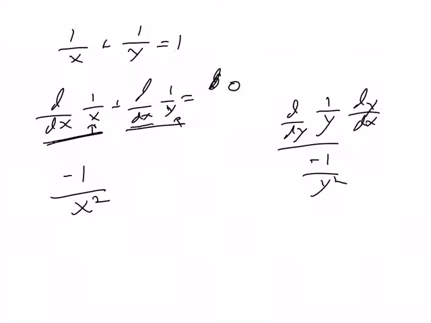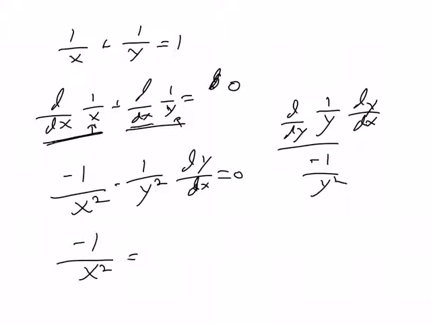So this is going to be minus 1 over y squared times dy over dx. That's equal to 0. So what we get is negative 1 over x squared is equal to 1 over y squared dy over dx. And so you just put a y squared over here. So that's what you get.